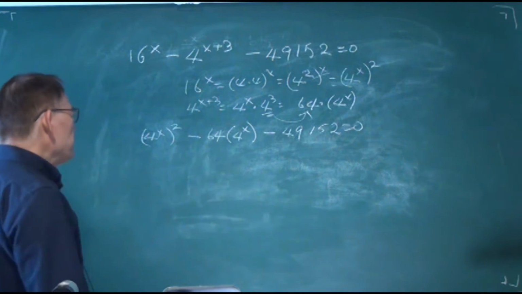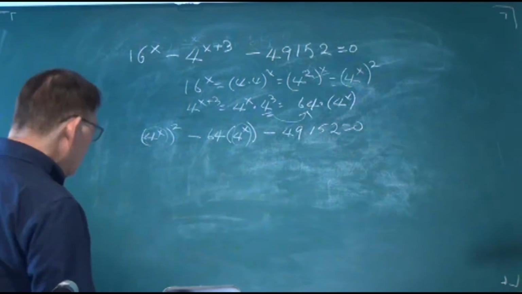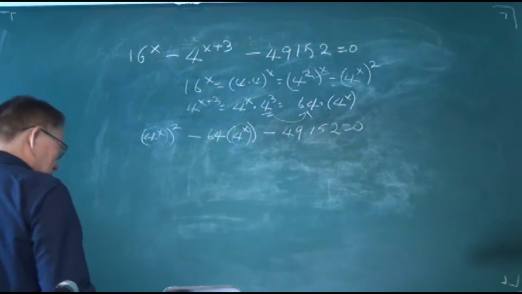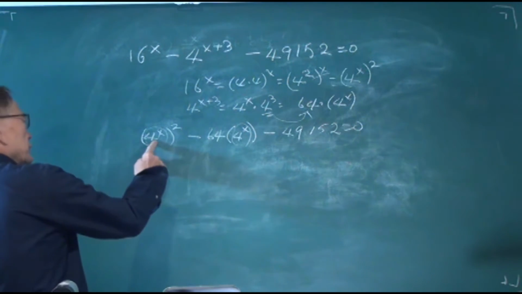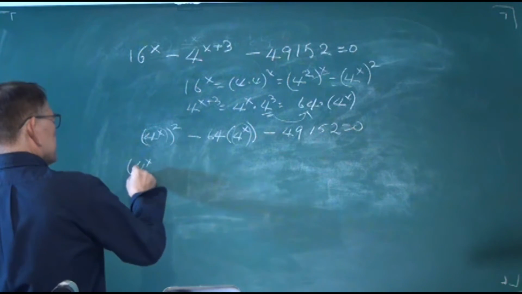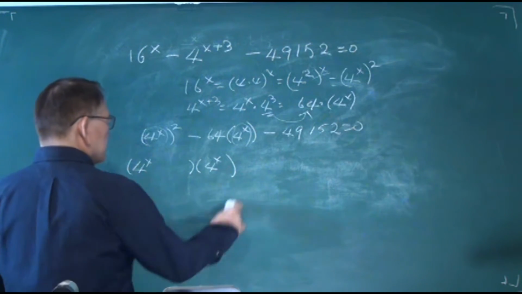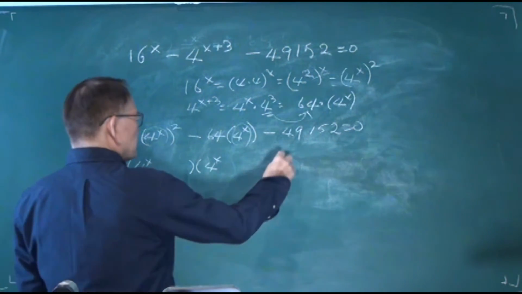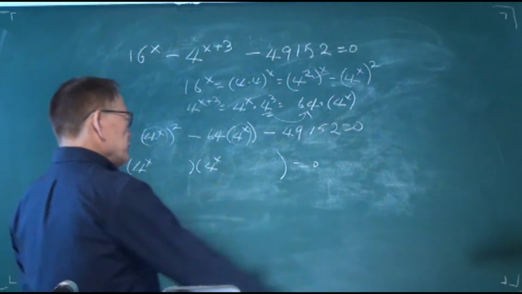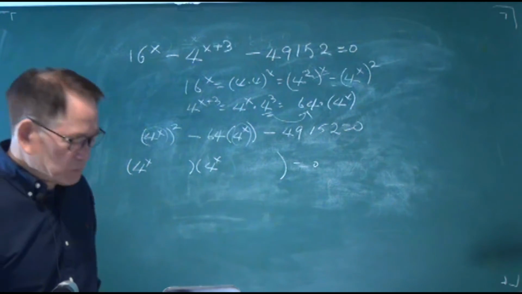Here you can see 4 to the x will be kind of an unknown variable, say y. But instead of substituting y, we just use this one in this case because it's very simple. We have a huge number here, 49,152.